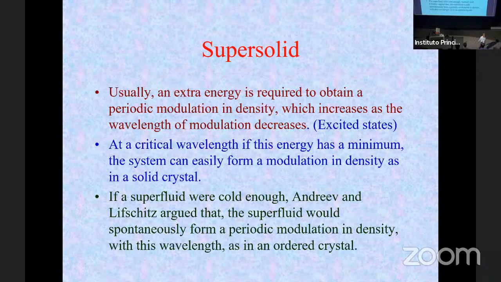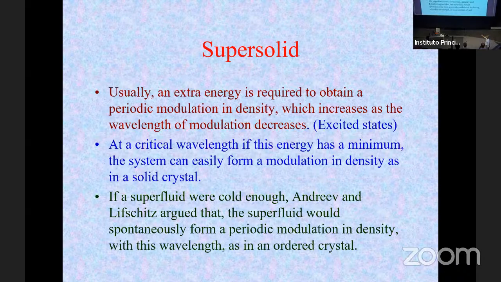The ground state of the harmonic oscillator problem has no structure. First excited state, you have some structure, and you have to go higher and higher in the excited states to create structure in the density. And so you need some energy to create this.